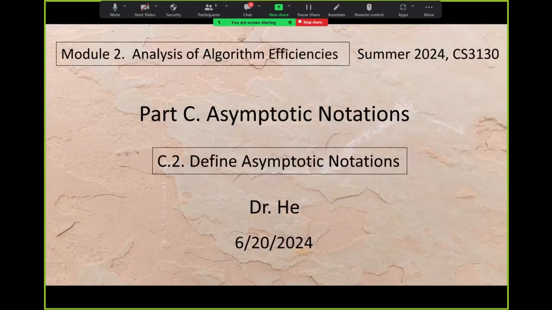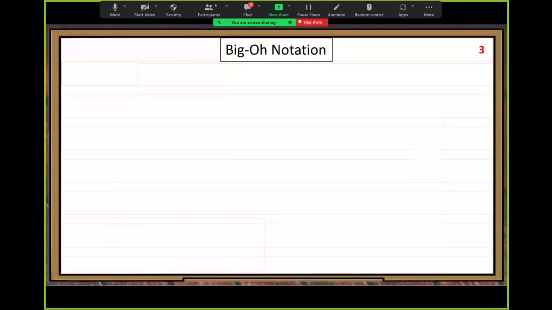All right. So next topic, C.2, define asymptotic notations. We still have a few minutes, so we can only get started. In this part, C.2, I want to explain three asymptotic notations. The first one is big O notation, and two more: second, big theta notation, and third, big omega notation.